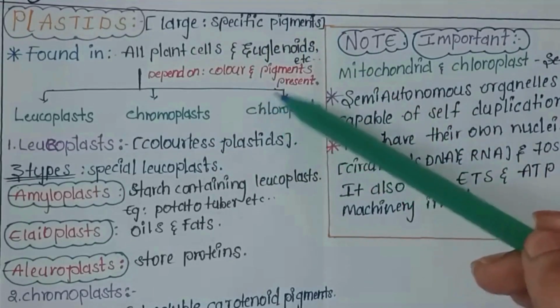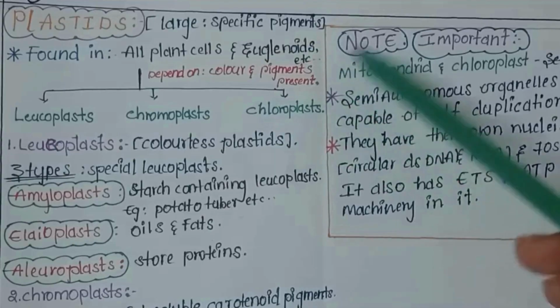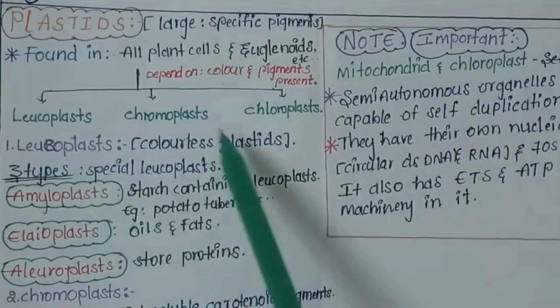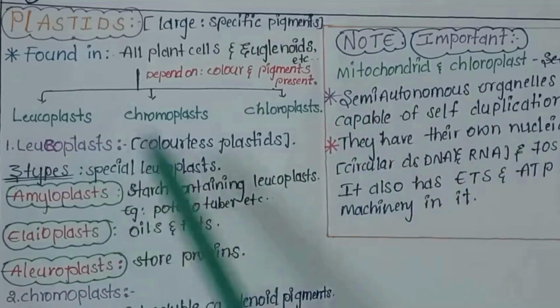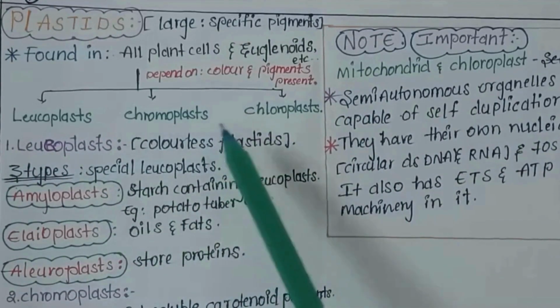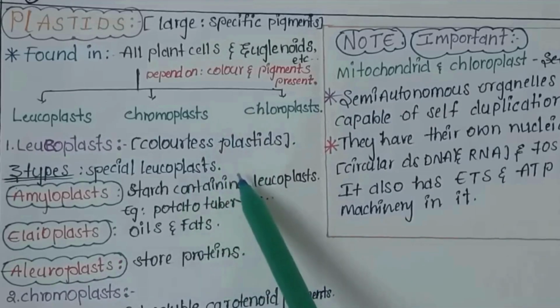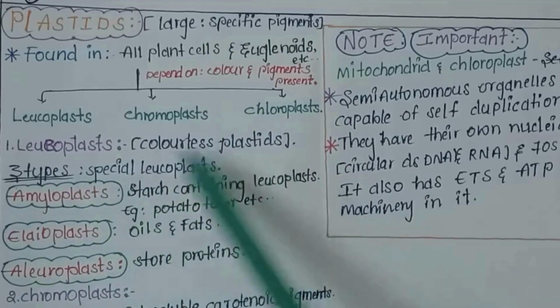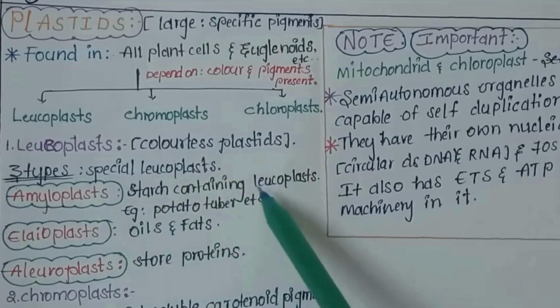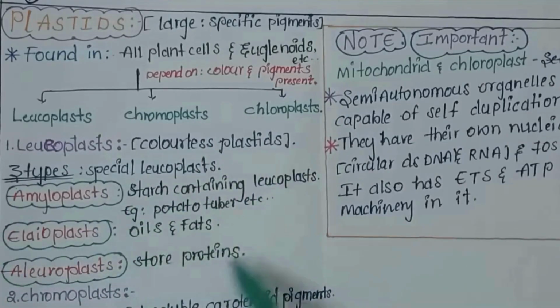Depending on their color and the types of pigments present in them, these are divided into 3 types: leucoplast, chromoplast and chloroplast. Coming to the leucoplast, these are colorless plastids which are present in non-green cells.